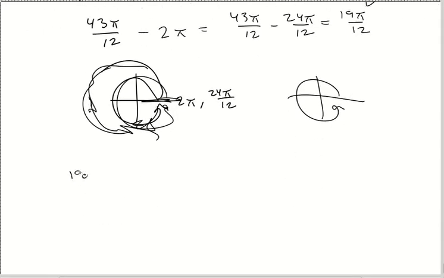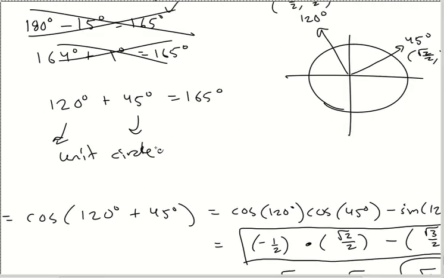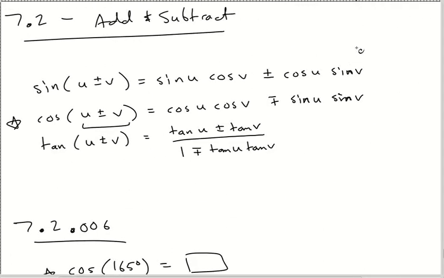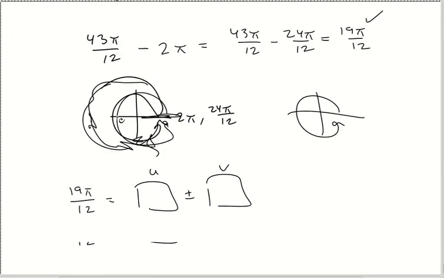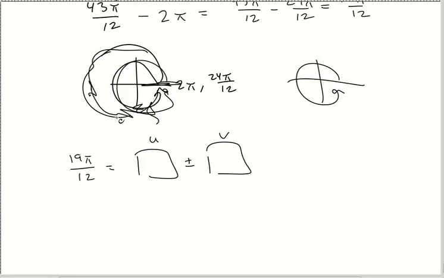Okay. So I want to find a way to express 19 over 12 as something plus or minus something else, my u and my v. Again, I know that I'm going to be using this formula right here. So what are the two numbers that will make that work? There's a whole lot of options, but we're trying to find something that works on the unit circle. So I'm thinking of things that will add up to 19.